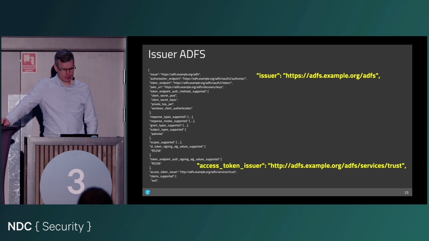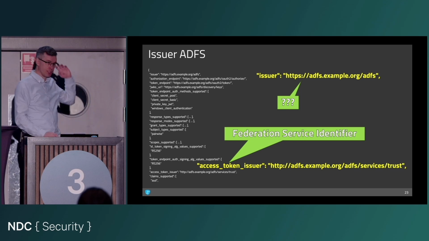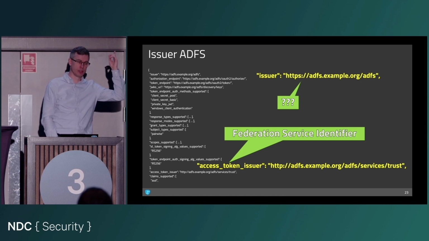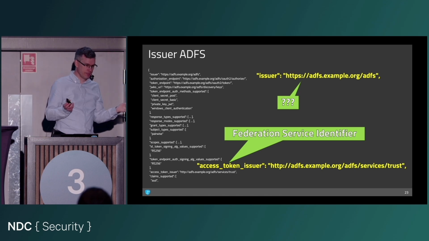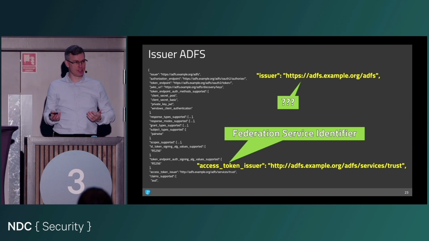There is a way to fix this though, because I have no idea where this comes from, but this is the Federation Service Identifier. And the Federation Service Identifier is possible to configure, so you can change it to be the same as the top one. Just one drawback, that is kind of the global identifier of the ADFS instance.